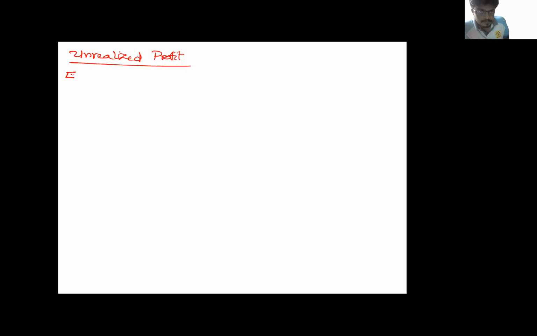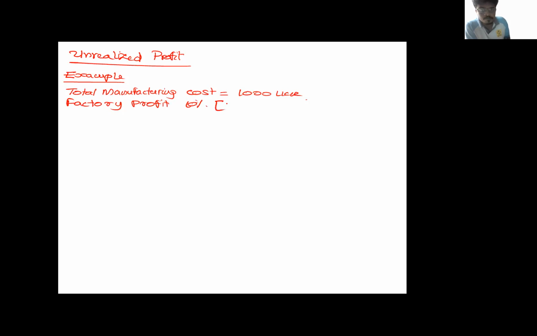Now, as an example, let's say total manufacturing cost $1,000 within this period, and factory profit policy of factory profit is 10% from total manufacturing cost.